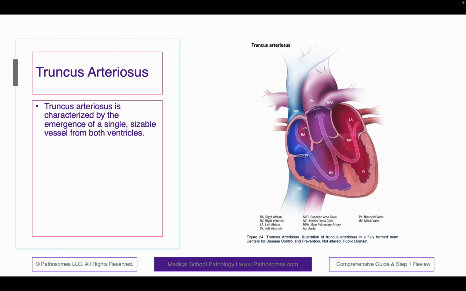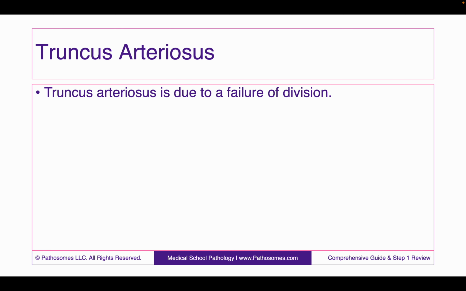Now let's talk about Truncus Arteriosus. Truncus Arteriosus is characterized by the emergence of a single sizable vessel from both ventricles. And this is because Truncus Arteriosus is due to a failure of division.